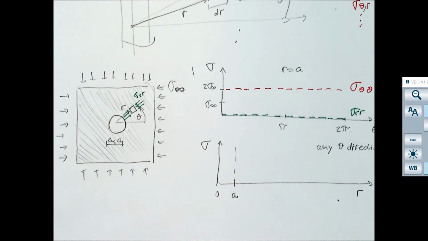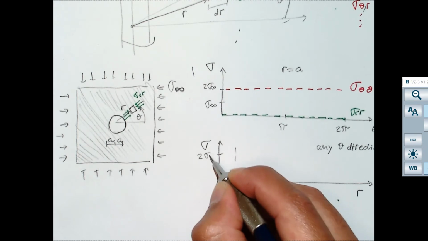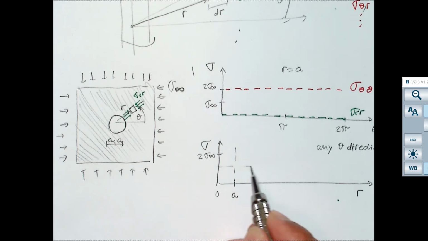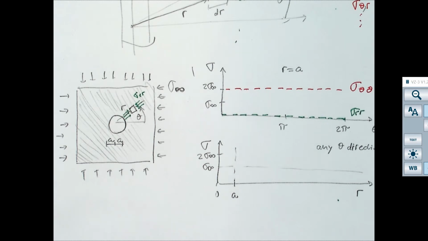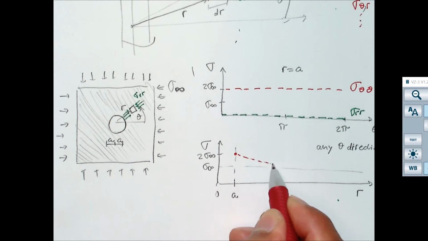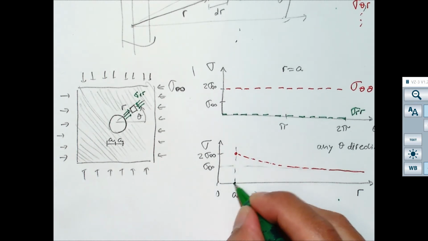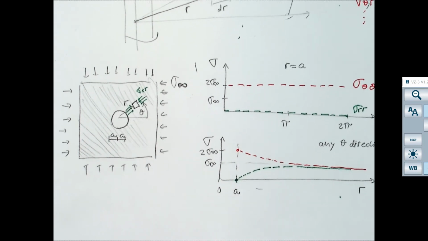And as soon as you start there, as we said before, the hoop stress is going to be 2 times sigma infinity, and the hoop stress is going to start very high at that point, and as you go further away, it's going to get into the value of sigma infinity, and the radial stress is going to be 0 at the wall of the wellbore, but then it's going to increase as you get further away from the wellbore.